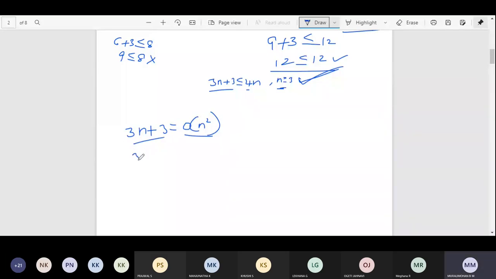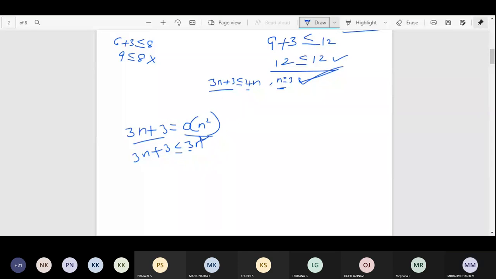Can we take 3n plus 3 is less than or equal to constant 3 into n square? So here the constant C is 3 and g of n is n square.